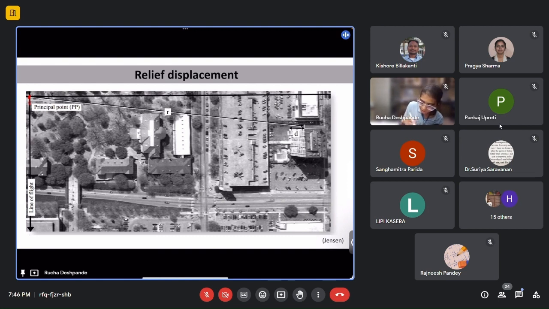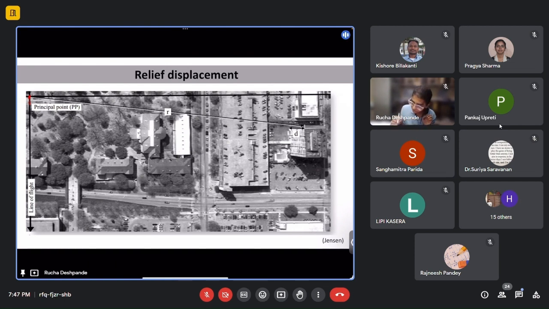In relief displacement, what happens is, if the object is away from the principal point and if the elevation of that object is above or below the horizontal plane, then the objects will be tilted towards or away from the principal point.